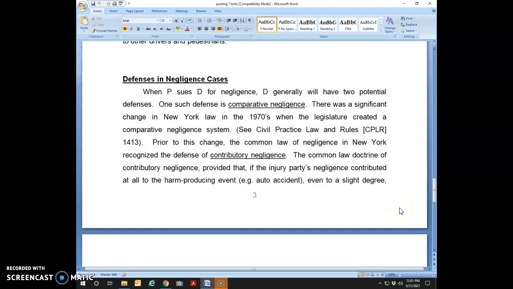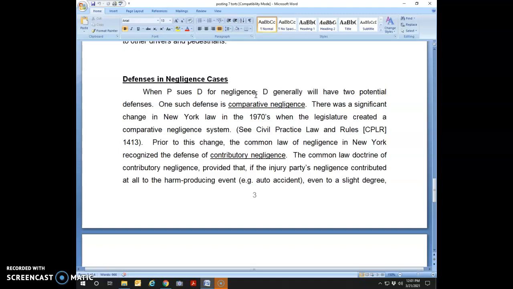One of the things I didn't put in when I wrote about defenses in negligence cases would be the simple proposition: if P sues D for negligence, one defense would be on D's part, I wasn't negligent.